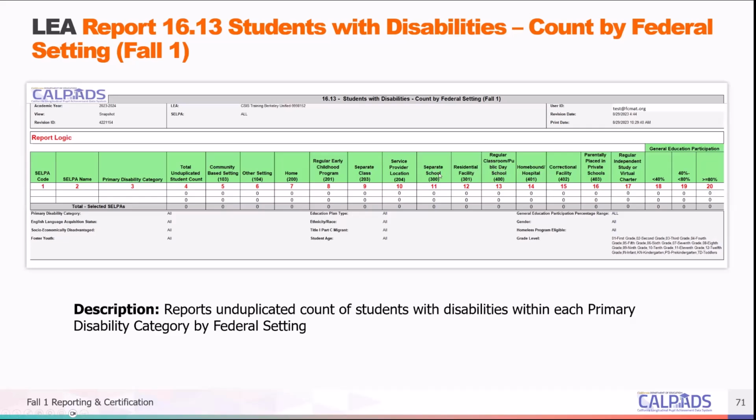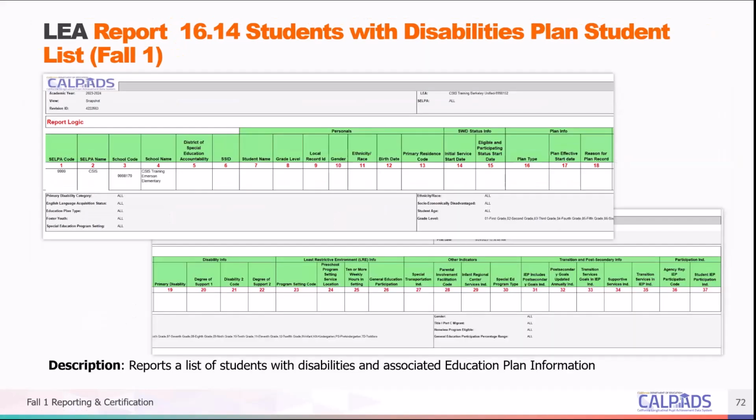The student is in a separate school. So unless they have a severe disability, you want to know why they're in a separate school or, depending on their age, why they might be at home rather than with their peers. So this report has a lot of information as far as the least restrictive environment or the special education setting.